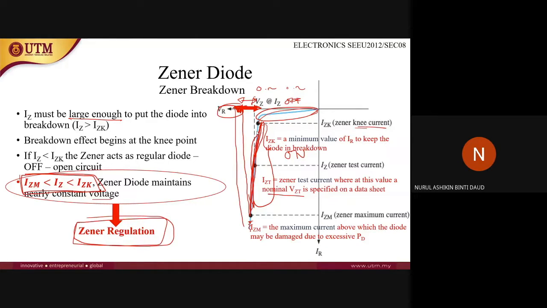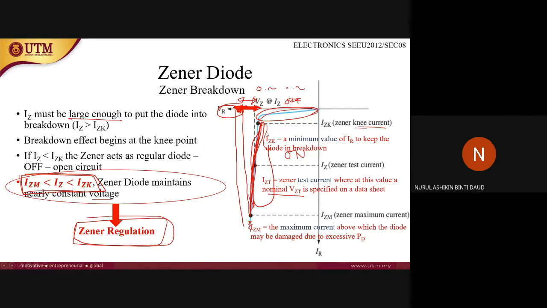That is the function of Zener diodes. It works at very small changes of voltage, but current can flow freely in this region. So that's how the Zener diode works.